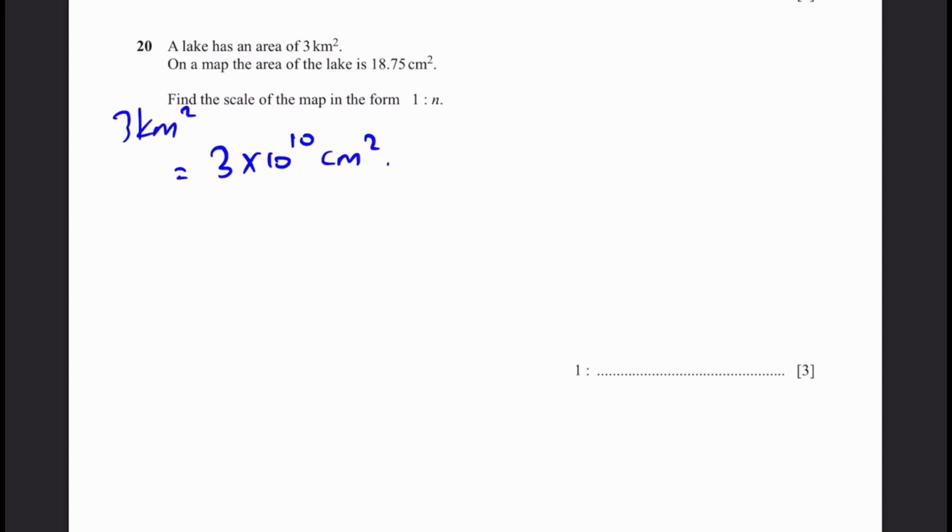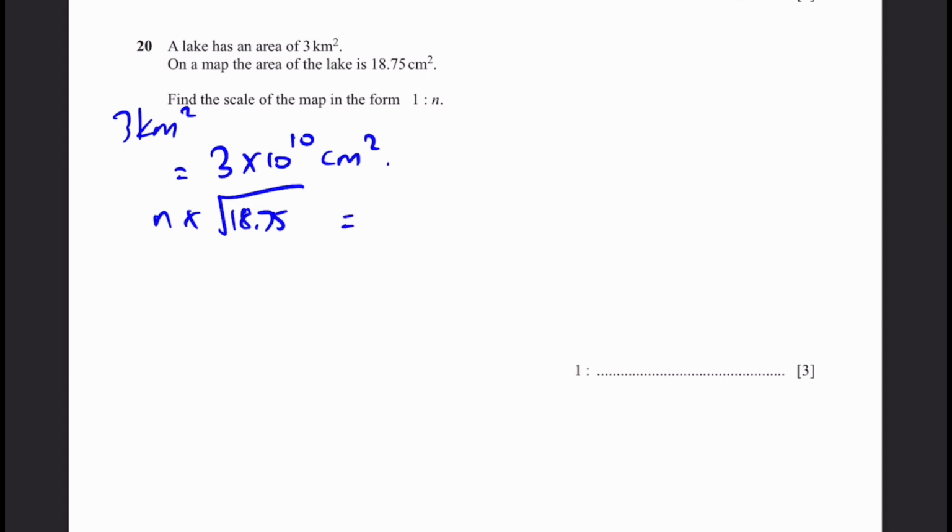And now on a map, the area is 18.75 centimeters squared. Okay, so now let's form an equation to find n. Because these units are in square units, we have to square root each of these to get the scale value n. So let's say n into the square root of 18.75, because n is the scale number and 18.75 is area, so that's why we do square root.